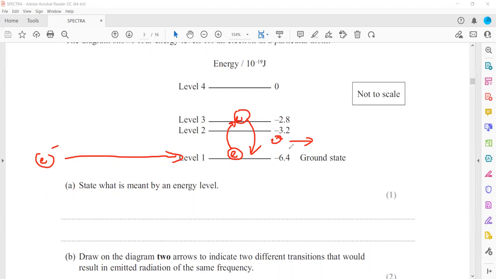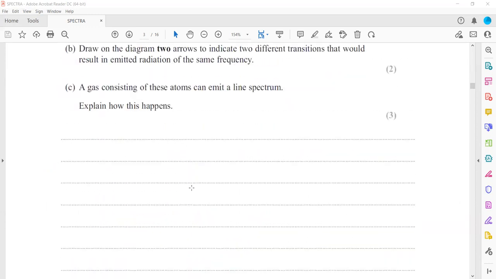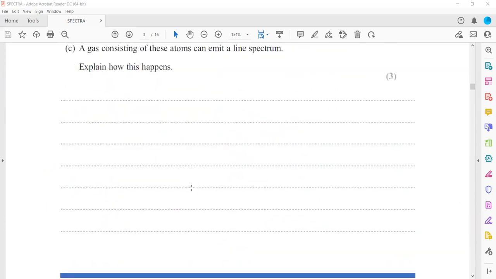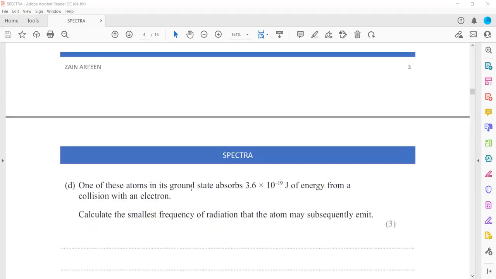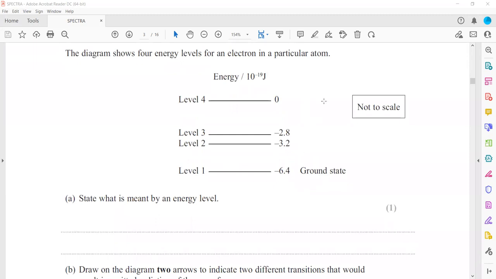That is what happened. Now in the question, we need the smallest frequency. Smallest frequency means the smallest energy, which is having the smaller difference between the energy levels. So when we check, which one is having the smaller difference? The smallest transition is this one.